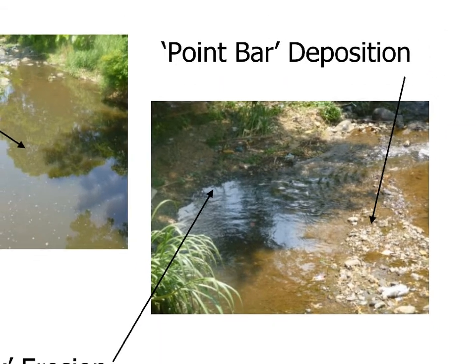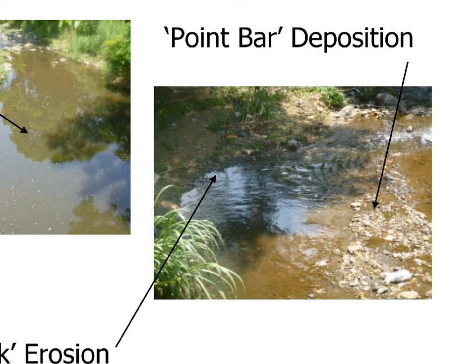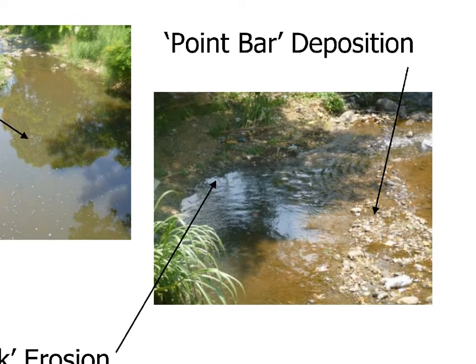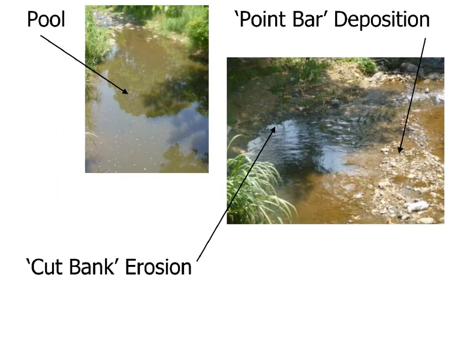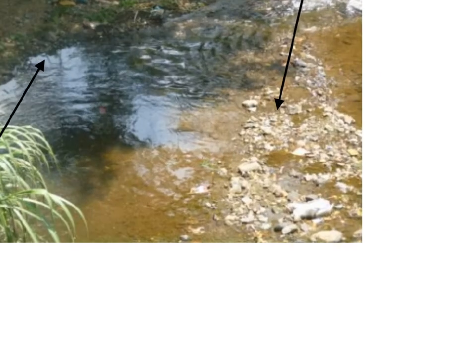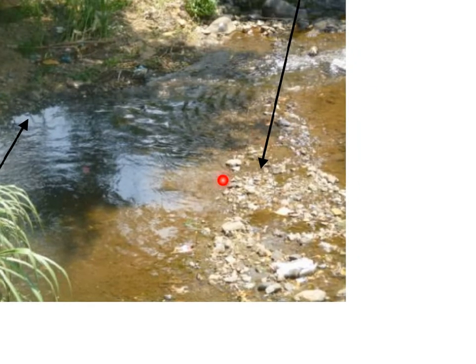Here in this picture, I've got sort of an idea of what you could see as point bar deposition and then some cut bank erosion. There we go, cut bank and point bar. So the cut bank is the outer part of a curve, and the point bar is the inner part of a curve. You can see that in this part, there have been some deposits of sediment, and they've built up over time.